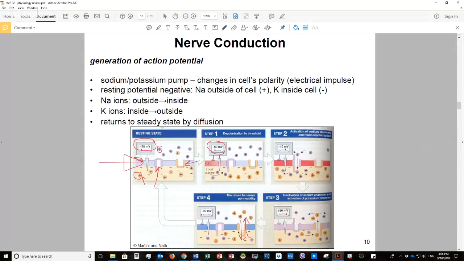If there's a stimulus and you have this charge moving down, I'm on the step 1 figure here now, you see that red. You have a charge incoming from further down the neuron that is called local current here, just like with electricity.